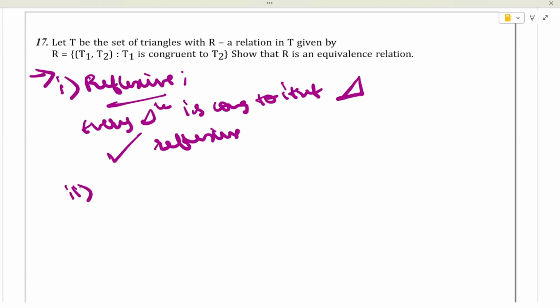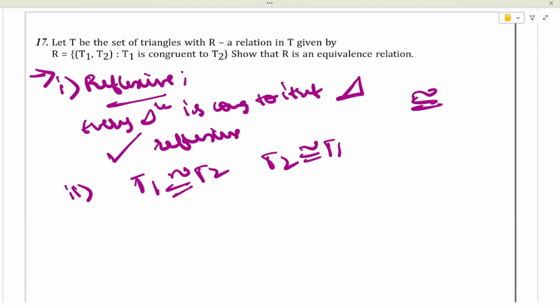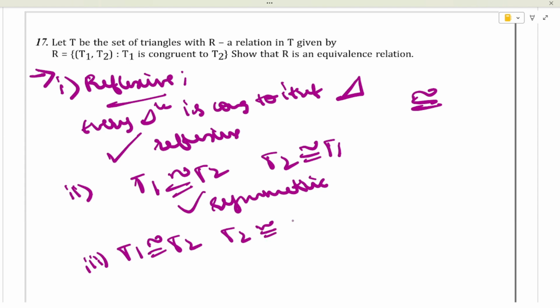For the second, symmetric: if you consider some triangle T1 that is congruent to T2, then T2 will also be congruent to T1. This is the symbol we use for congruency. That means it is symmetric too. Now for the third condition, they have given T1 is congruent to T2, and T2 is congruent to some random triangle T3, which means T1 will also be congruent to T3.